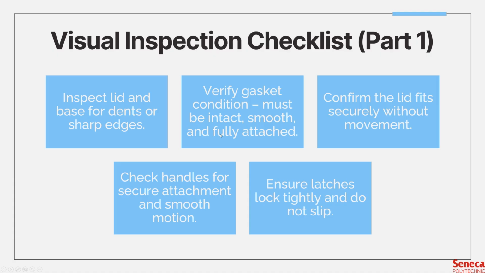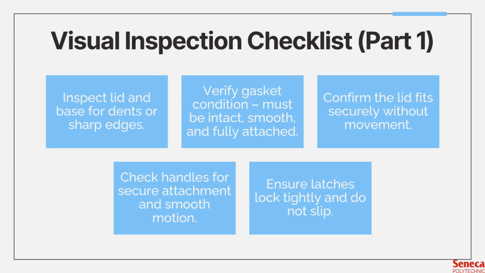So now let's look at the visual inspection checklist. Visual inspection is a critical safety step before every use. Begin by inspecting the entire surface for residue, cracks, or corrosion that could compromise function. Check that the latches, hinges, or handles move smoothly without stiffness or looseness.